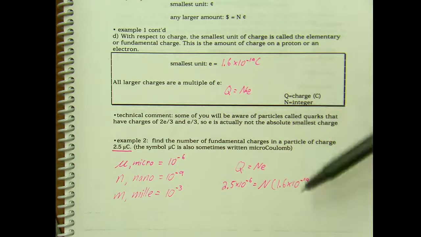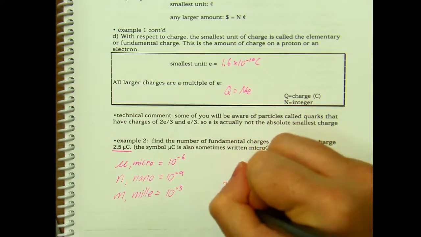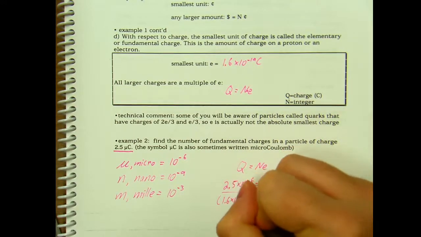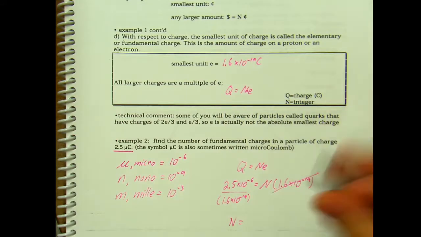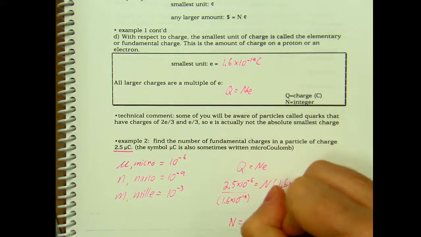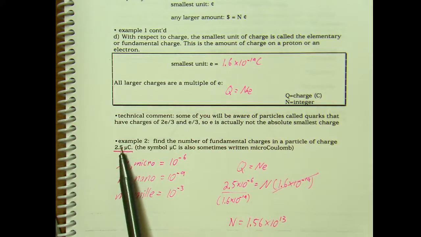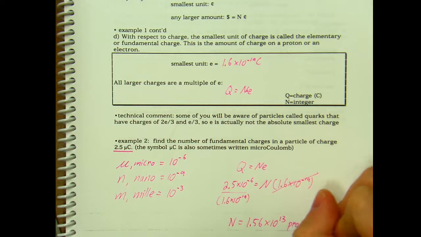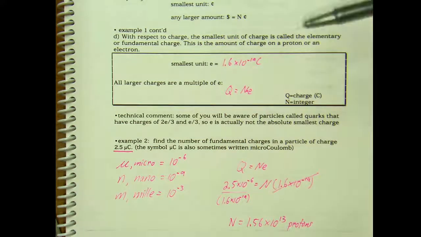So divide by 1.6 times 10 to the negative 19, and we get that n, the number of elementary charges, in this case, is 1.56 times 10 to the 13. And since this charge is positive, this has to be the number of protons. So there is a large number of protons in our mass that has a charge of 2.5 microcoulombs.